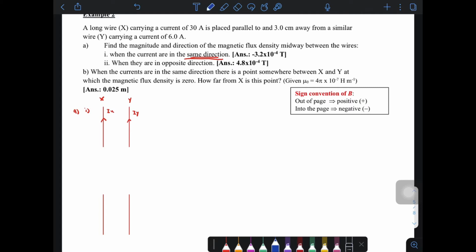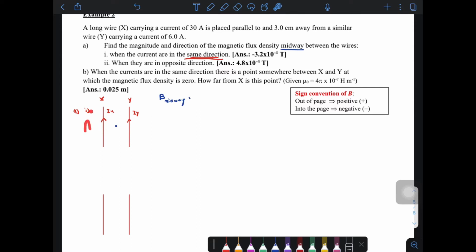Soalan minta find the magnetic field B midway, which is midway at the center between X and Y. Okay, so dekat center tengah-tengah ni, dia akan experience 2 B. Satu B daripada wire X, satu lagi B daripada wire Y. Tapi macam mana B daripada wire X? So kita guna right hand rule.